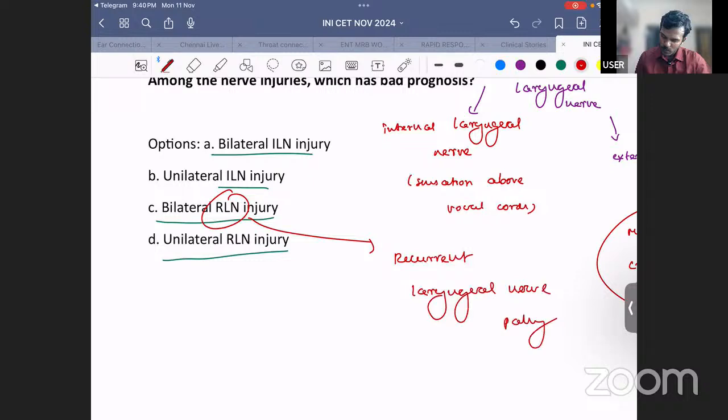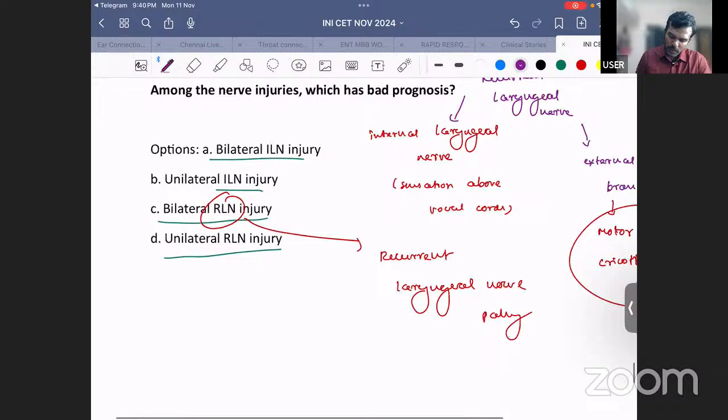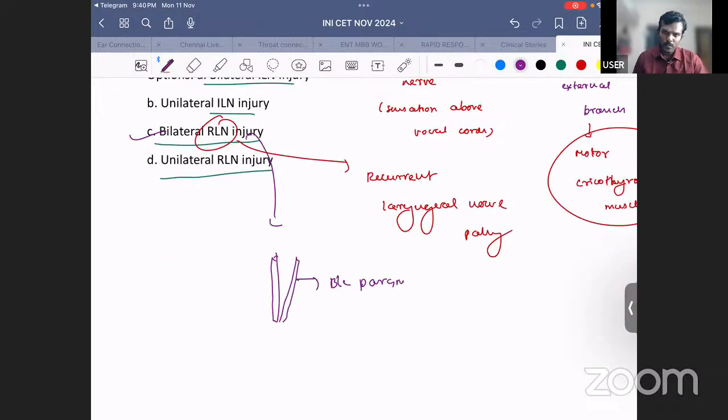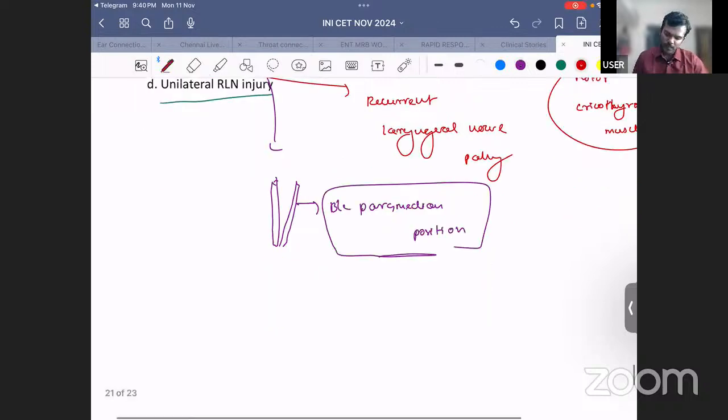Bilateral recurrent laryngeal nerve palsy is the most severe problem because both vocal cords will be in paramedian position. So there is no space for breathing.